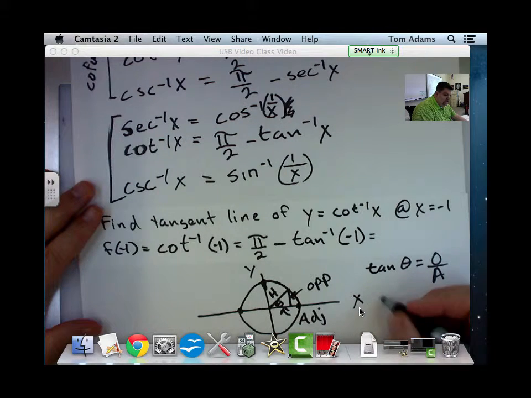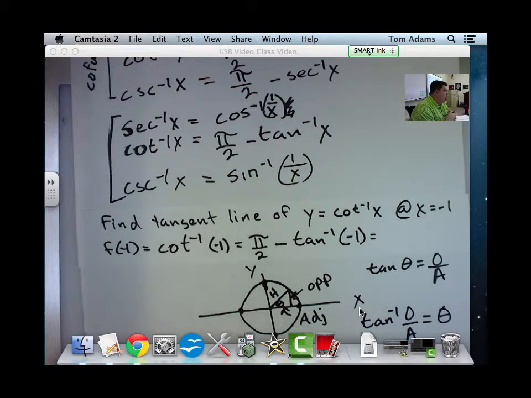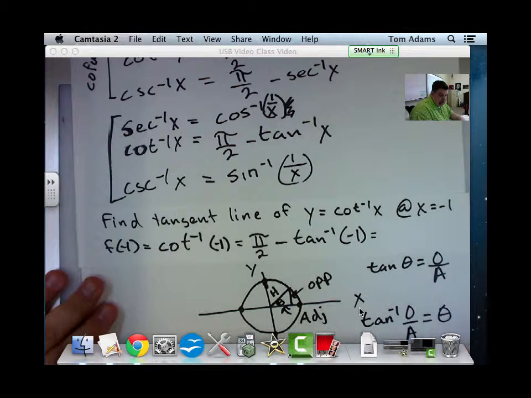Now, if I take the arctan of the opposite over the adjacent, that is equal to your angle theta. So now what do I do? Well, I just need to think of the angle that gives me -1.